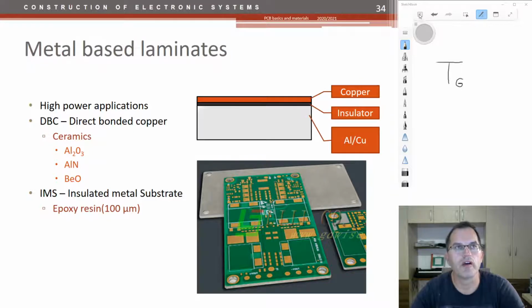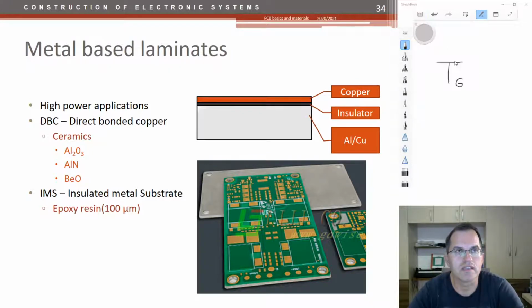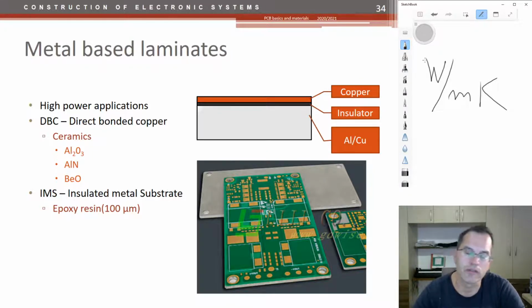The basic property of these materials is so-called thermal conductivity, which is expressed in watts per meter Kelvin, which would tell you how many watts of thermal flux or heat flux would run through the PCB vertically, if you have 1 Kelvin difference of temperature, 1 Kelvin gradient at a square meter and 1 meter thickness.